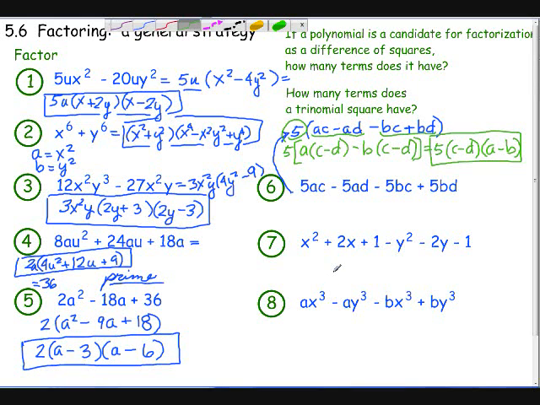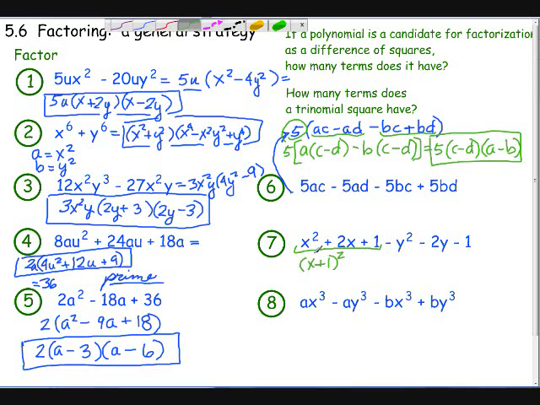Oh, look at this. What is going on here? I love this one because, do you recognize that? A perfect square trinomial. Good. So I know I've got x plus 1 squared.